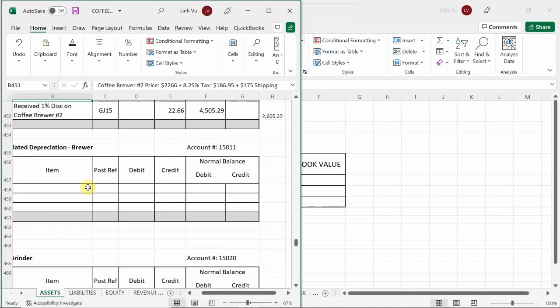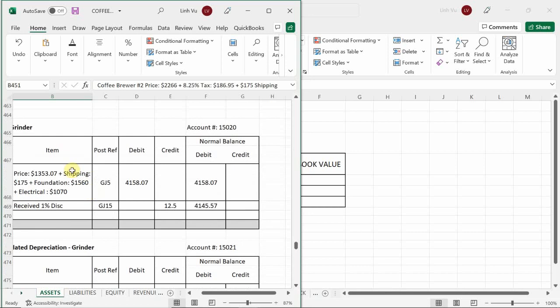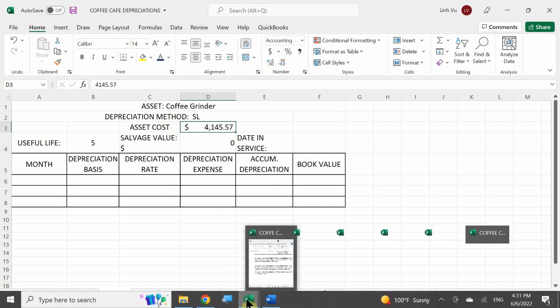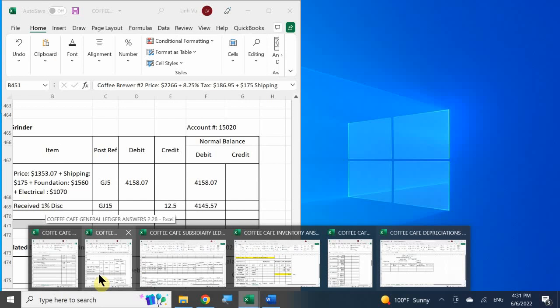My total for the coffee grinder, including the discount, is right now $41.45 and 57 cents. That is your asset cost, including the discount, because that's what it says in your ledger.